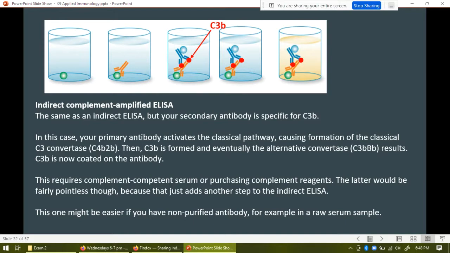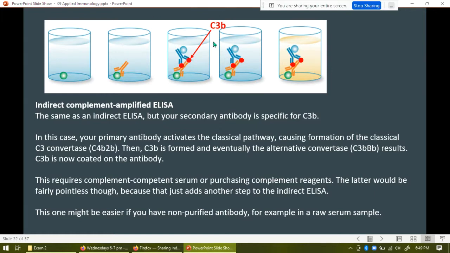So you know that you've added a serum sample, and that serum sample likely activated complement and led to C3b depositing on your antibody. You can actually use a secondary antibody that is specific for C3b. C3b becomes coated on the primary antibody, and then the secondary antibody binds to the C3b molecules.